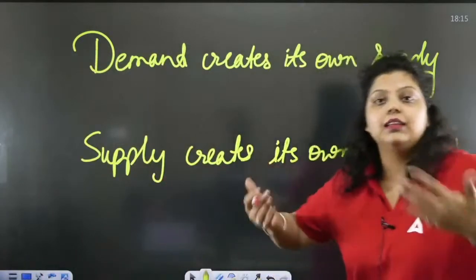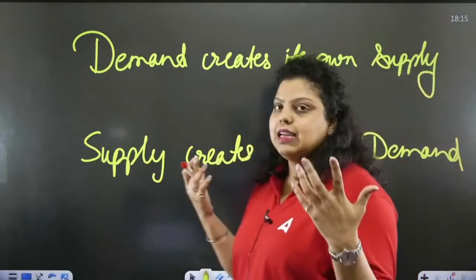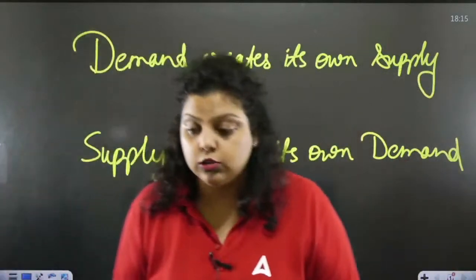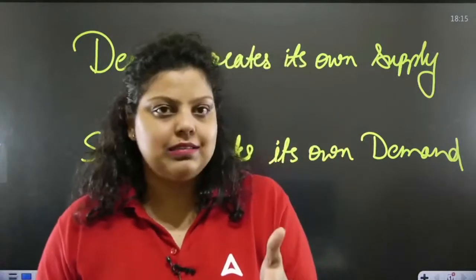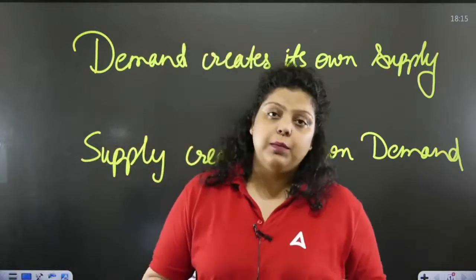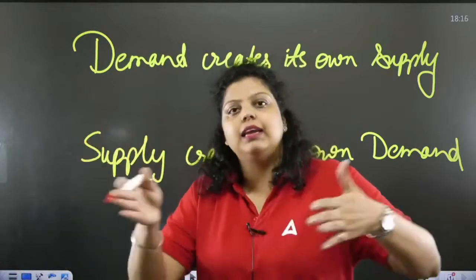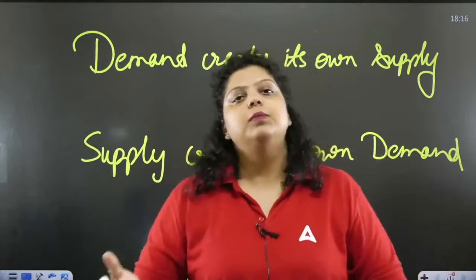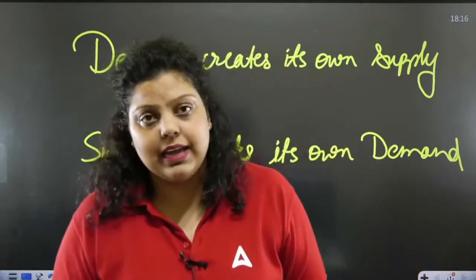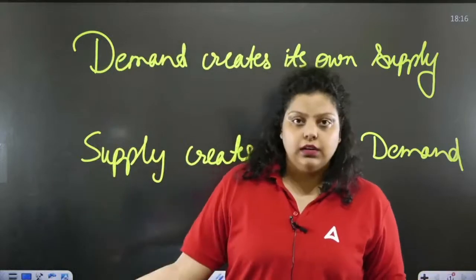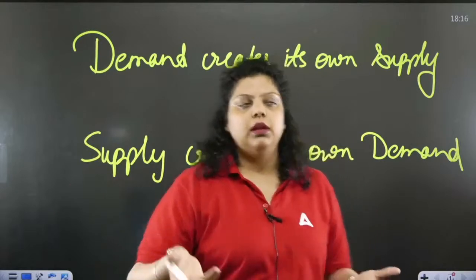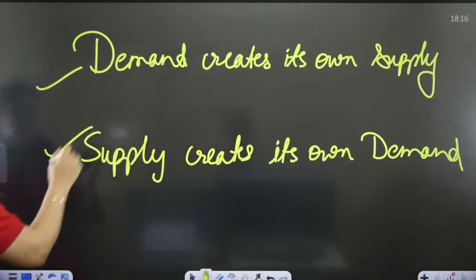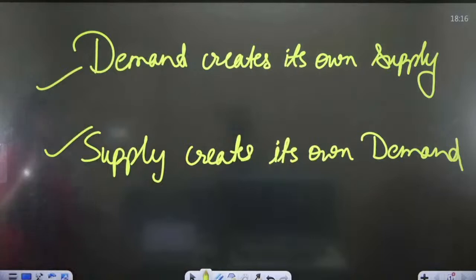So we haven't created the demand. I didn't have any idea in my mind that there should be a 5G network also. So what happened? The 5G market was built by the seller, and I liked it and bought it. That's what we're talking about: supply creates its own demand. If something has been given by the seller in the market and the public likes it, it creates the demand. And the other thing is, whenever we demand a particular product, that supply will be available. So both theories are correct, and these theories are given by Sir J.M. Keynes and Sir J.B. Say respectively.